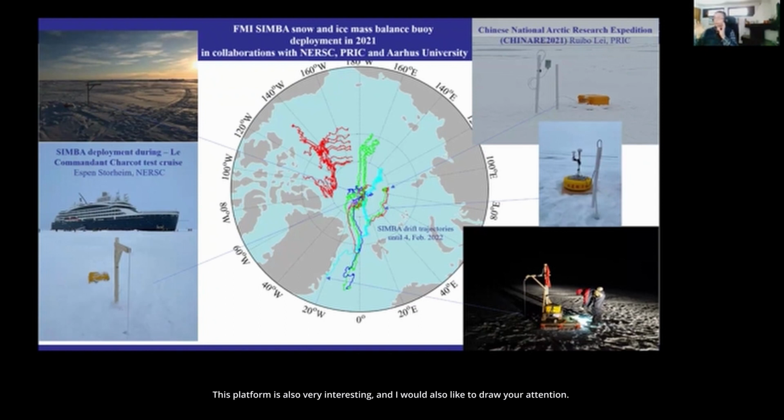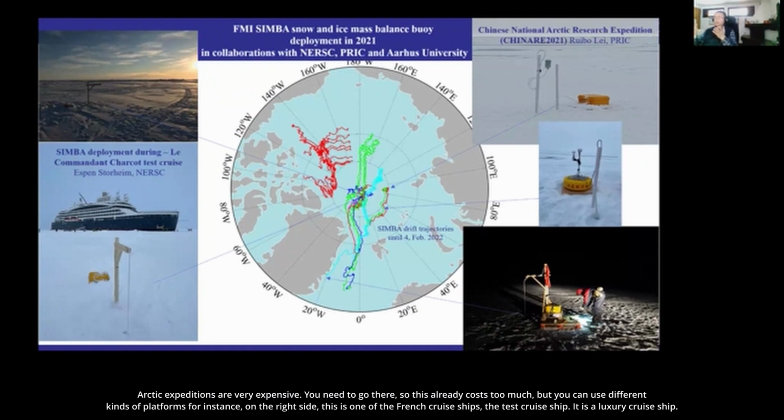And this kind of platform is also very interesting, and I would like to draw your attention to it. Arctic expedition is very expensive. You need to go there, so that already costs too much. But you can use different kinds of platforms.